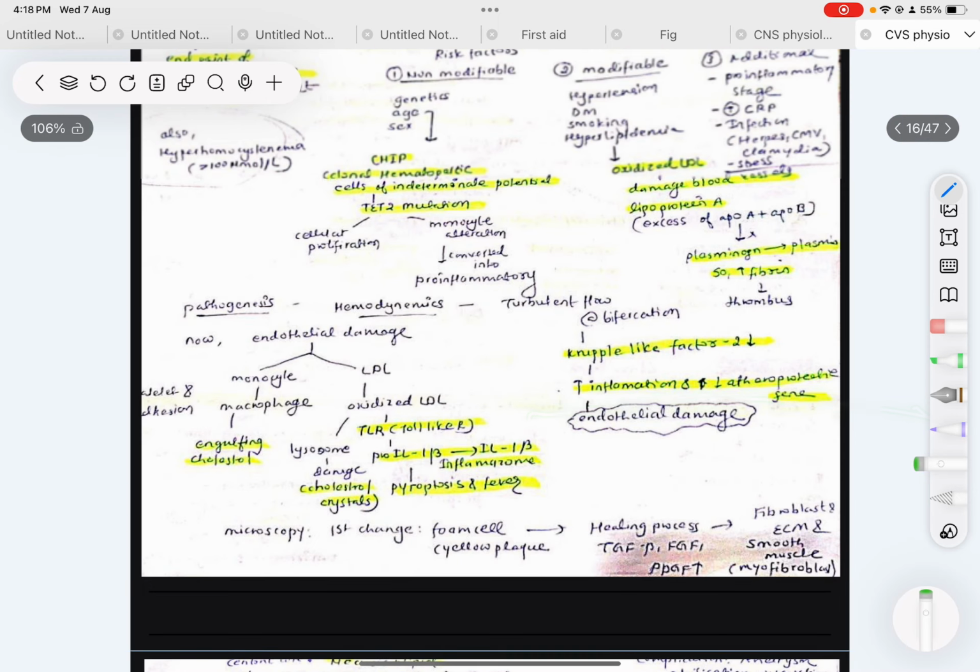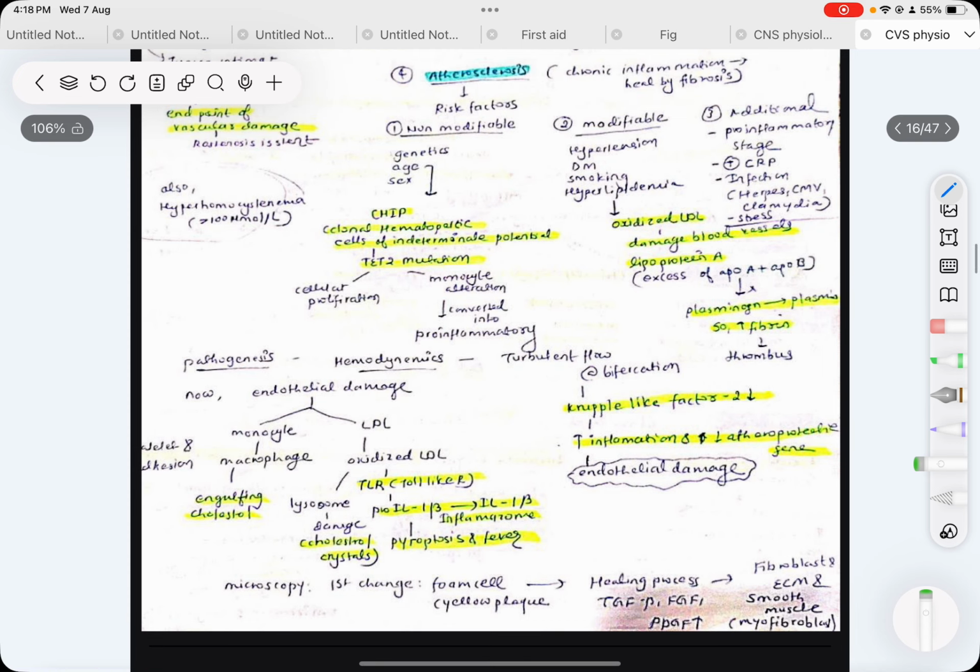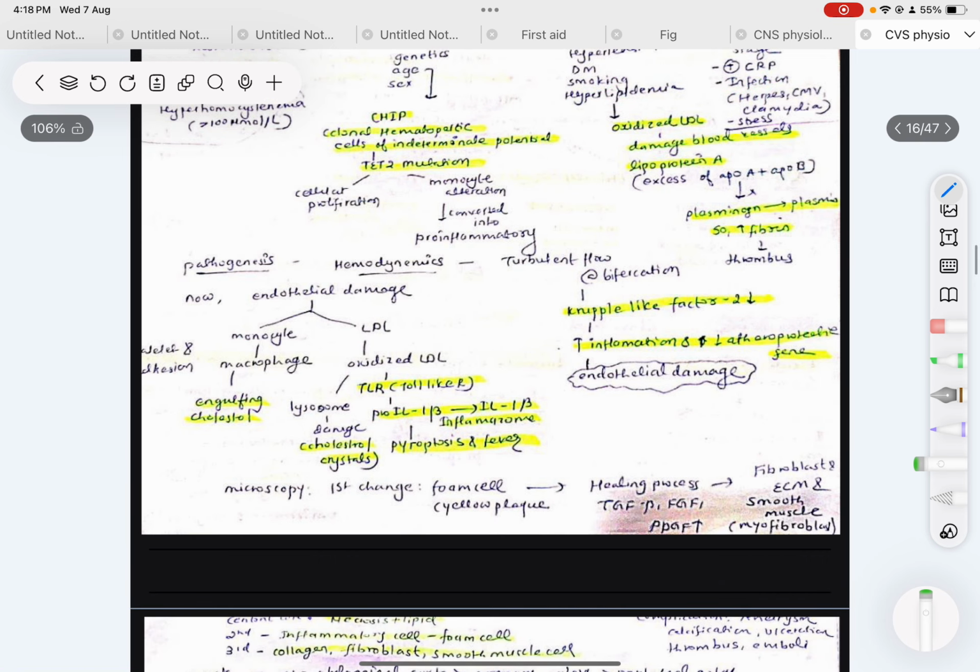It will cause endothelial damage. So all of these factors that we have learned, that this pro-inflammatory conditions, hyperlipidemia, all are just leading to damaged blood vessels, means increased endothelial injury chances.